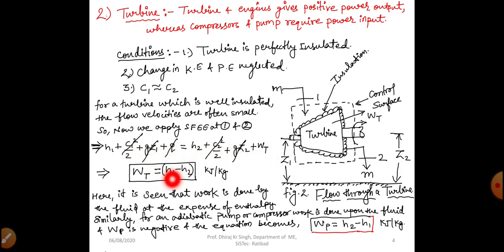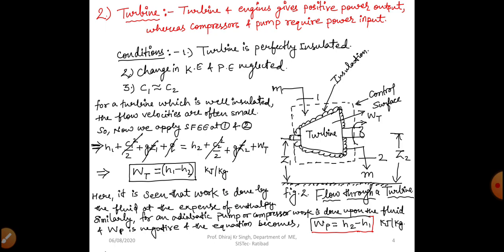When we rearrange the terms, then we will get WT is equal to H1 minus H2, means change in enthalpies is equal to net work transfer. So that is our turbine work, and the unit of turbine work will be in kilojoule per kilogram, right? So here it is seen that work is done by the fluid at the expense of enthalpy, right?